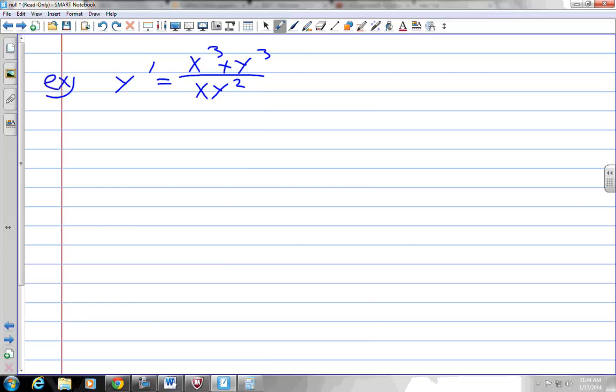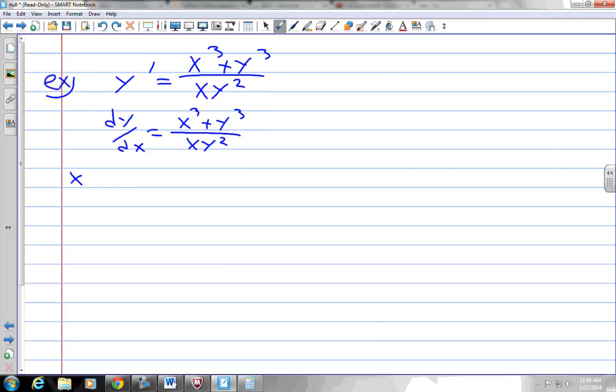Just solving these problems by the techniques that you were given is going to be problematic, because if I try to do that separation of variables part, so it's dy over dx equals x cubed plus y cubed over xy squared, and let's just cross multiply this thing.